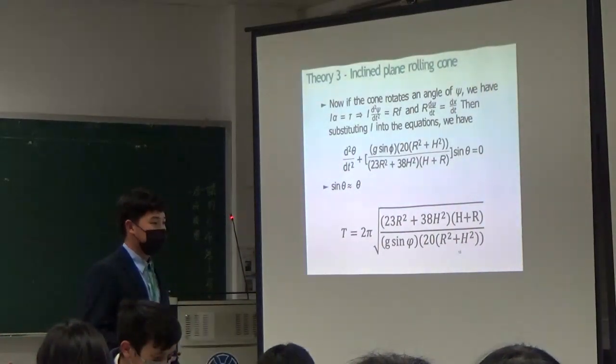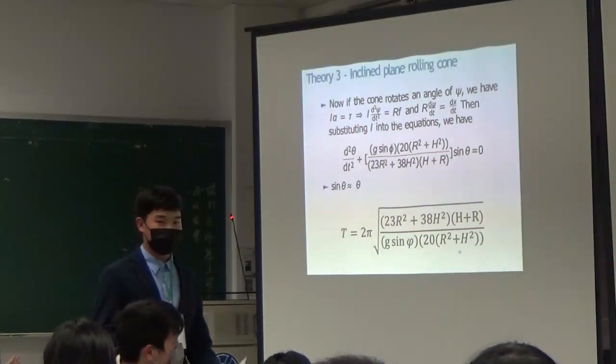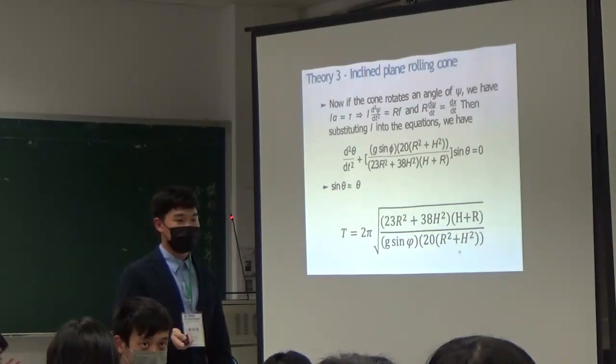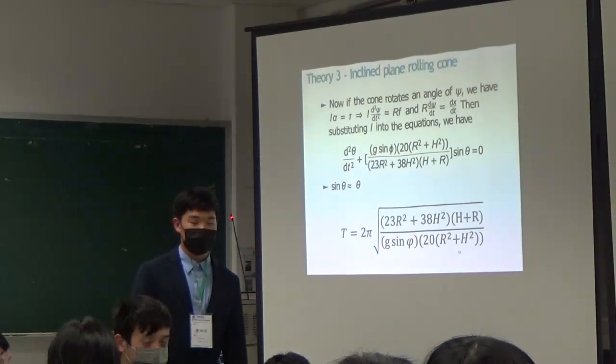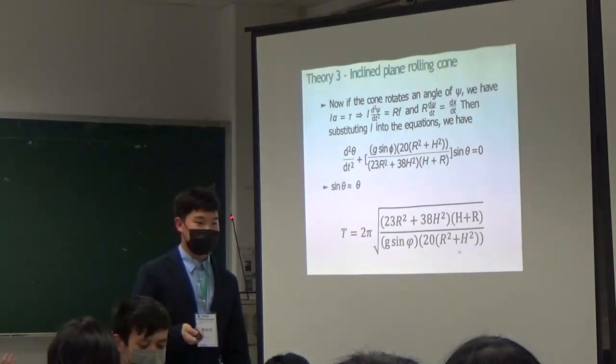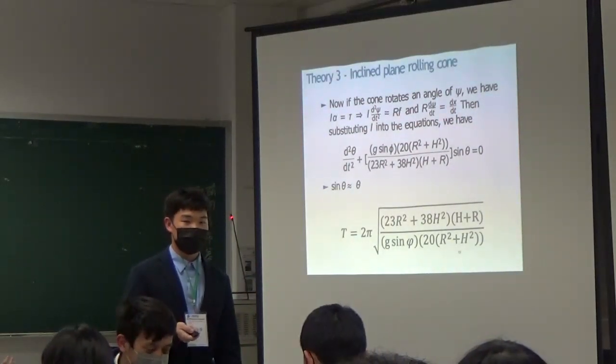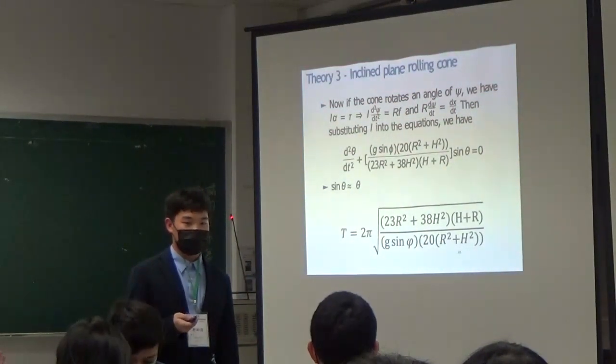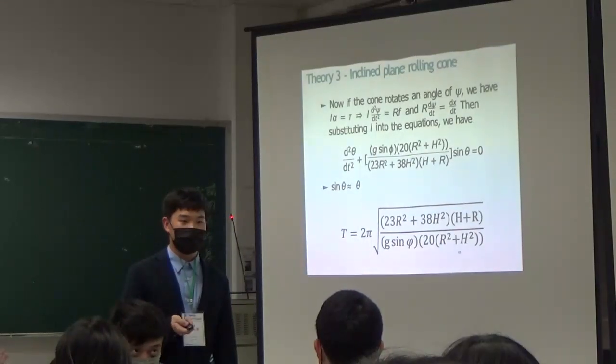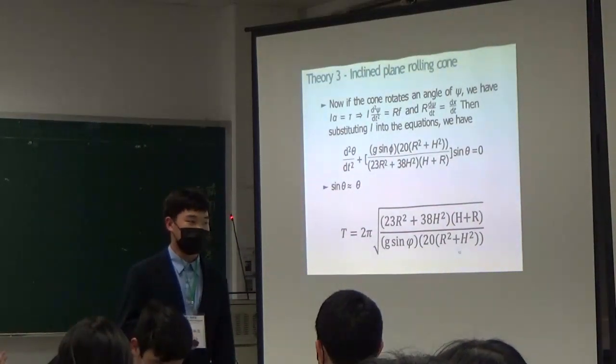The opponent said we can use electromagnets, but I think if we use that, it will also affect the motion because we'll also have the velocity.